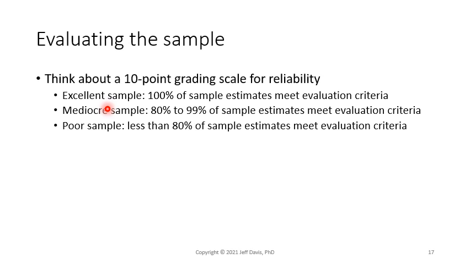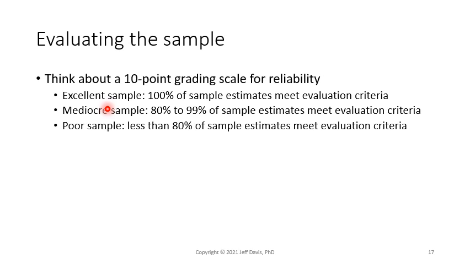So you'll find that a lot of behavioral and social scientists take a pretty hard conservative approach to evaluating the quality of their sample. They hold a very high standard for considering a sample to be an excellent sample.